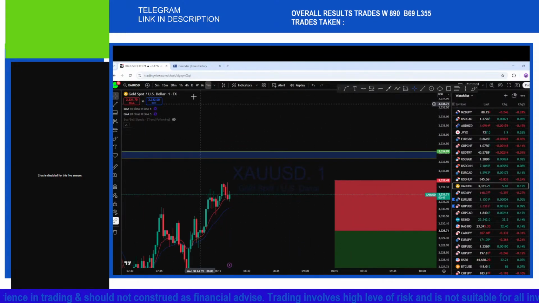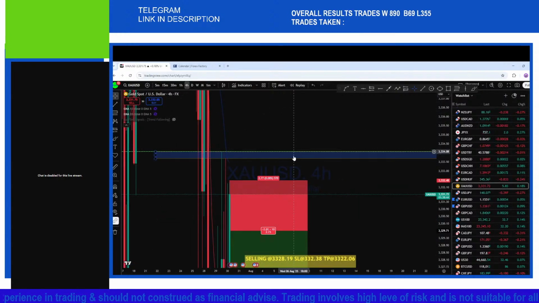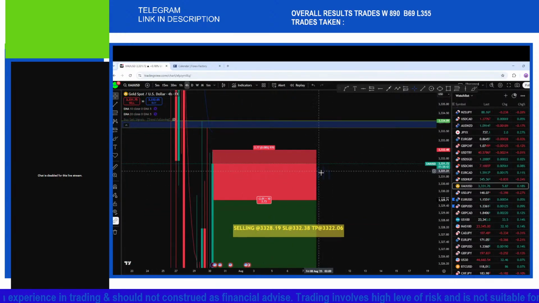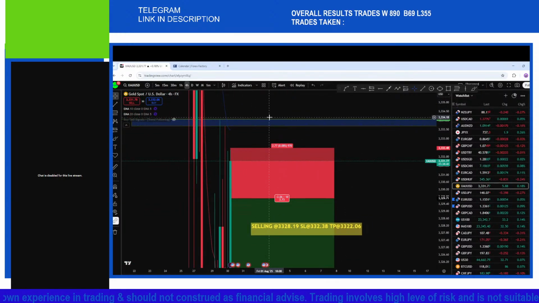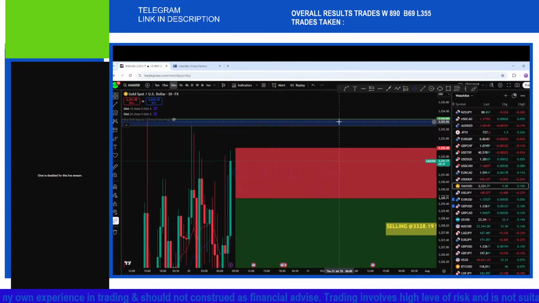So what I think there, as you can see, the price on the 4-hour resistance line is on a very narrow edge at the moment.